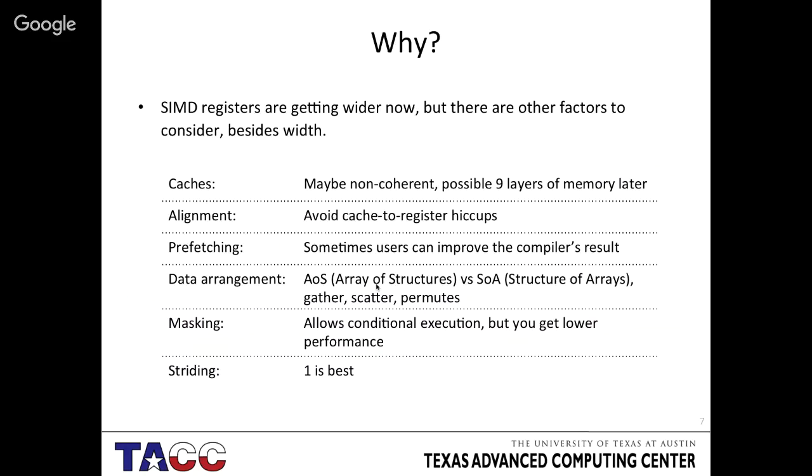But if you have a structure of arrays, that type of data layout, then in your loops, when you're accessing these elements out of the array, they're sequential, and you're usually accessing them at stride 1.